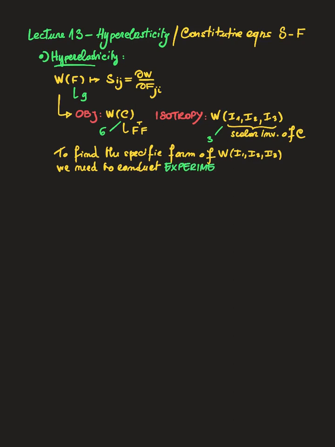What type of experiments? Well, there can be a lot. You could ask, how can I understand what the energy is? The only type of experiments that you can do is to take a piece of material. You take, for example, a specimen of material, like a little cube, and then you do some experiments on this cube. For example, you stretch the cube.